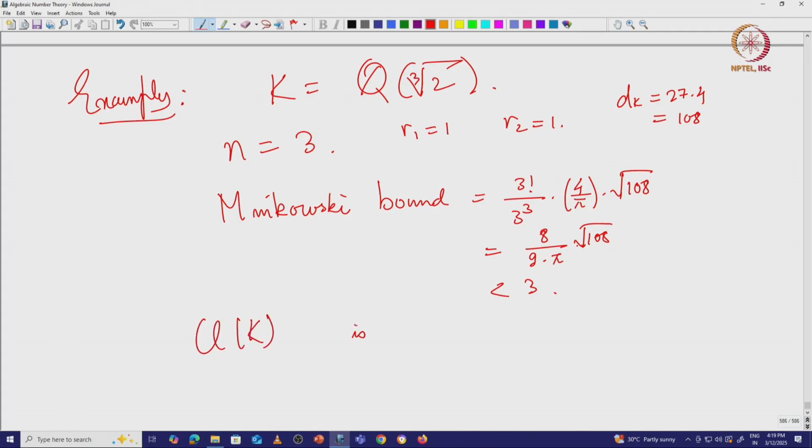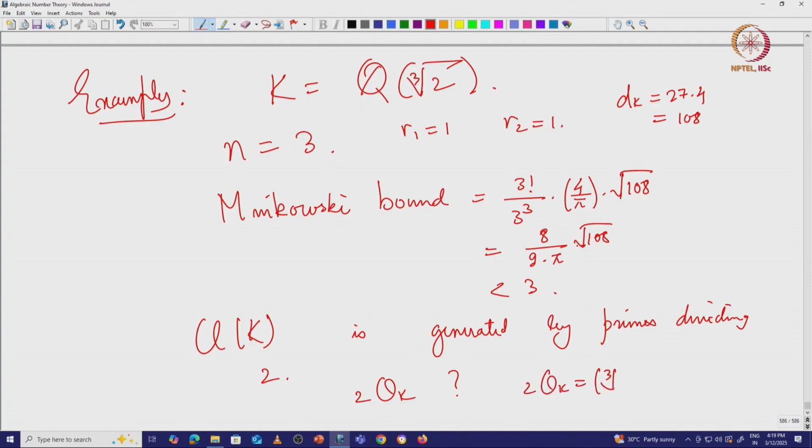So, the class group of K is generated by primes dividing 2. And so, what is 2 times O_K? That is what we are interested in. And you see, 2 times O_K, you do not even have to do very much.